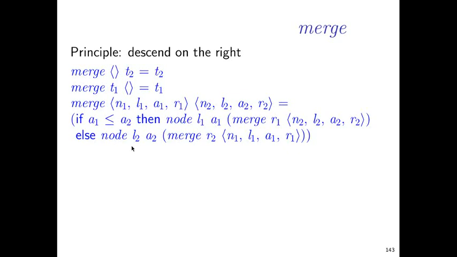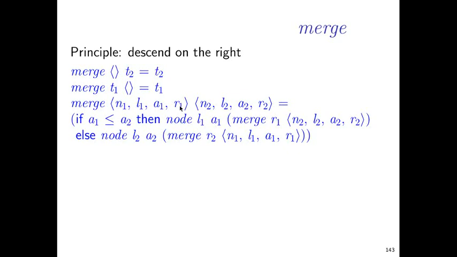In the other case, we put A2 at the root, and we merge R2 with this whole subtree.